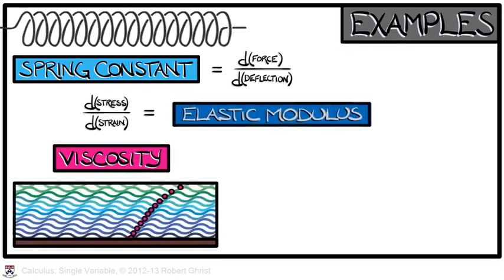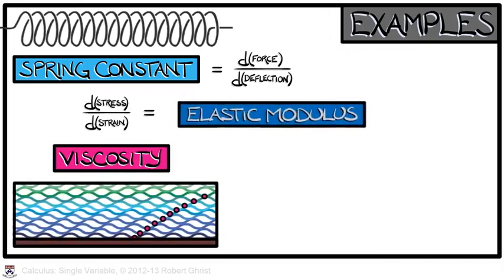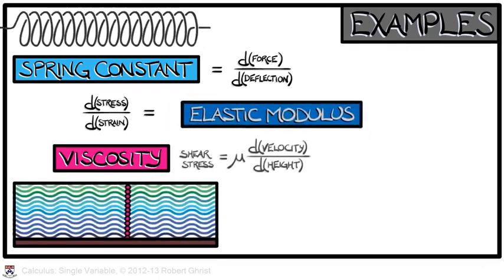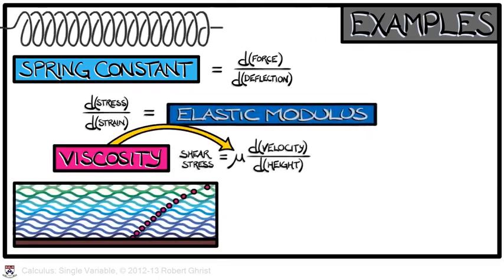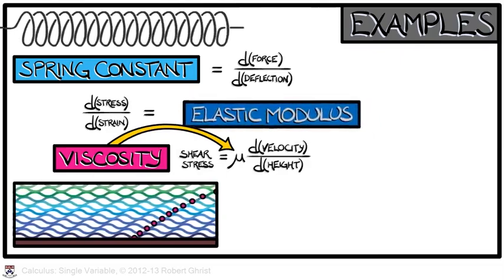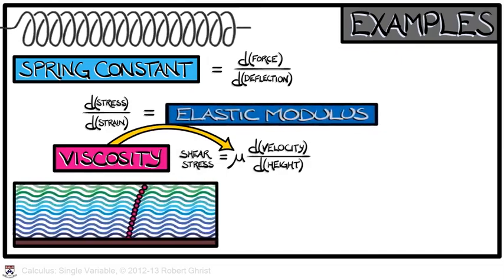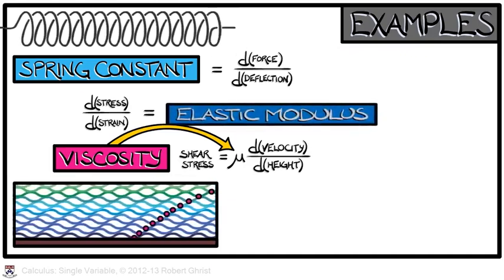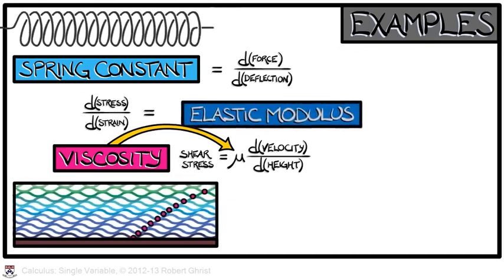If you want to know what viscosity is, or how slippery a fluid is, well, this is defined in terms of quantities like shear stress and the rate of change of the velocity of a sliding fluid with respect to height.